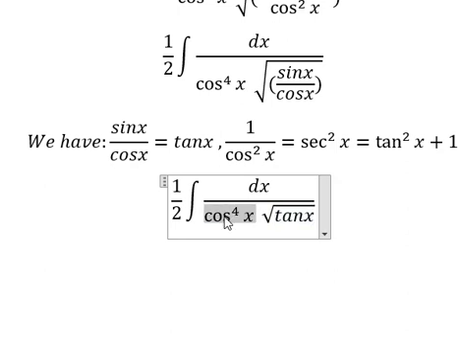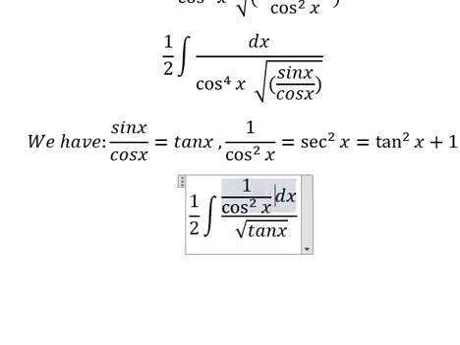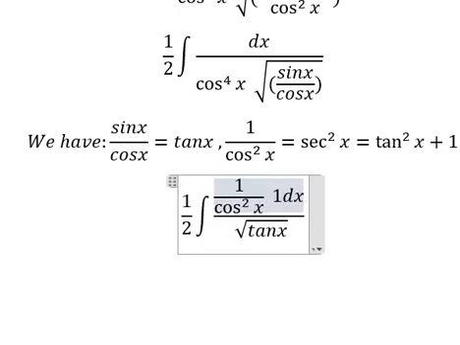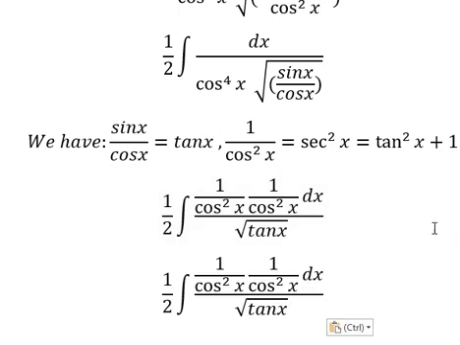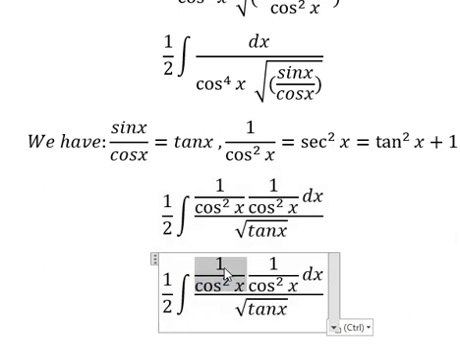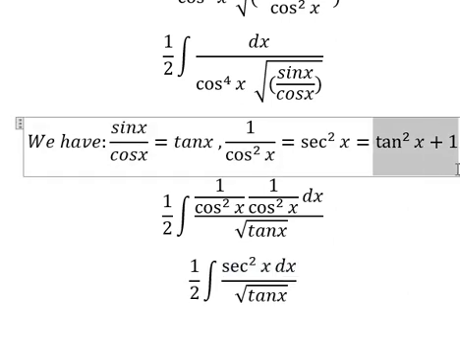This one we can put 1 over cosine x squared and 1 over cosine x squared. So that is about secant of x squared. This one we can transform into tan x squared plus 1.